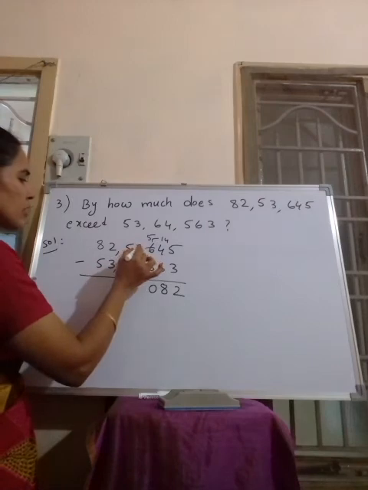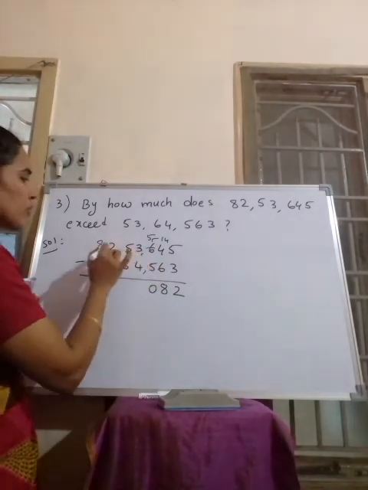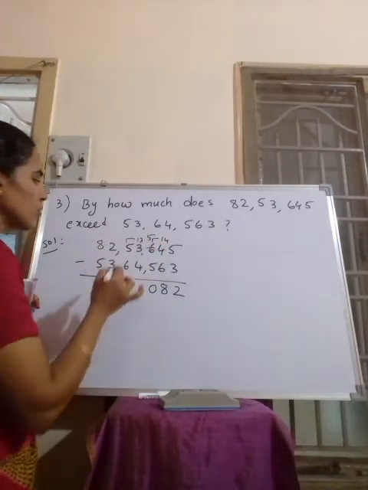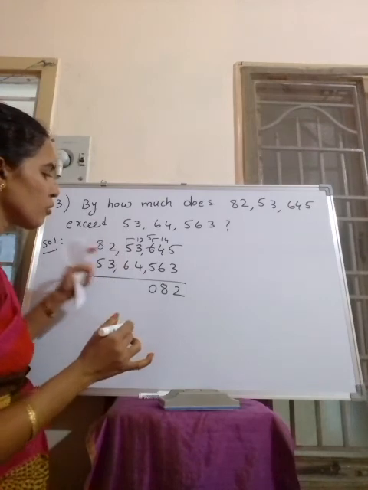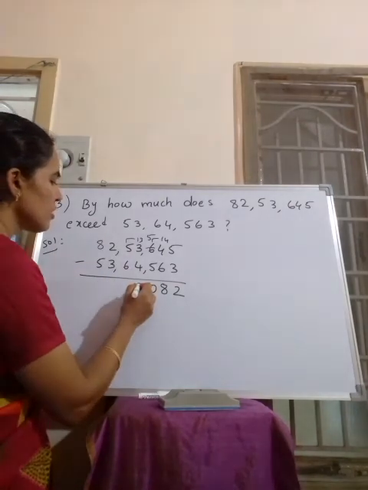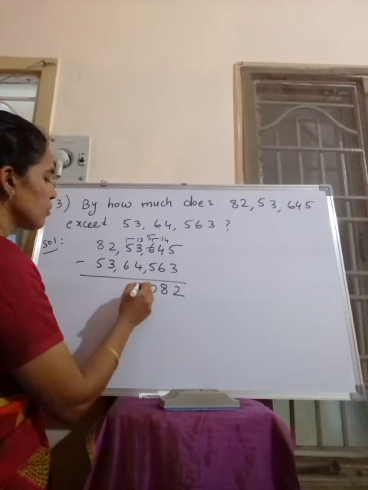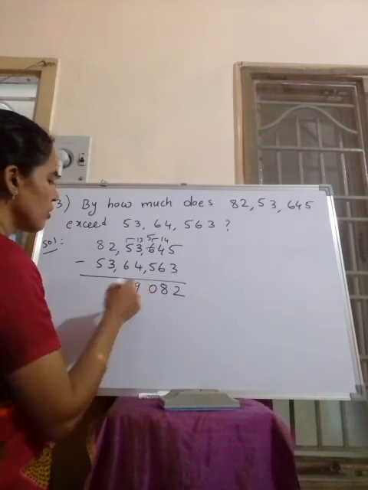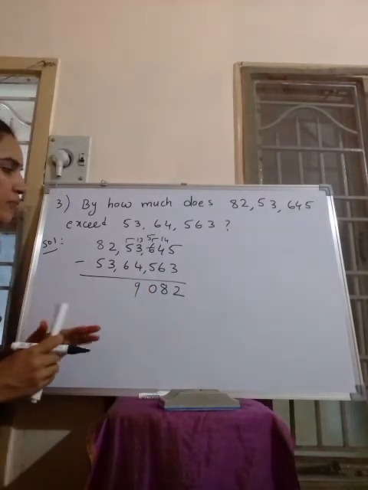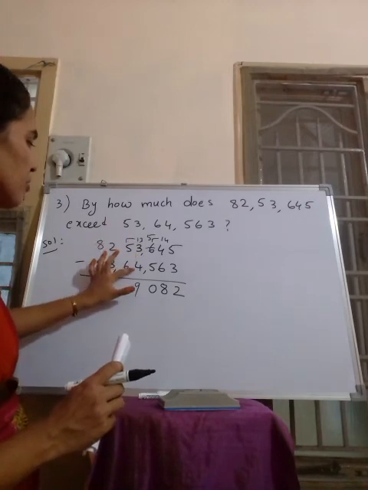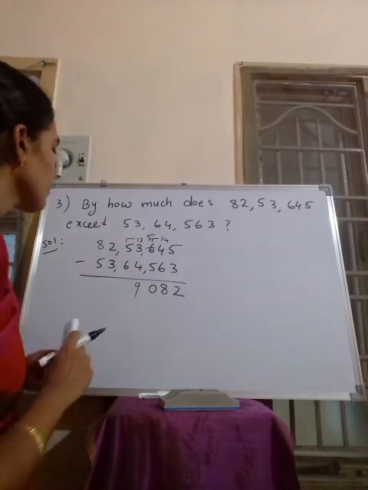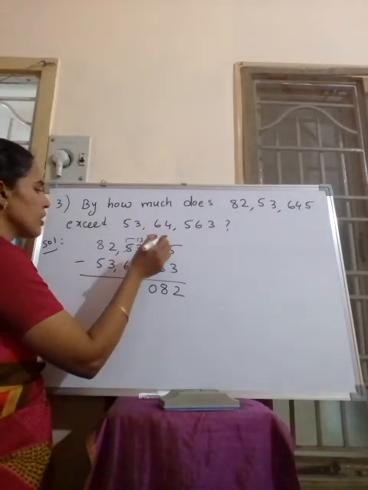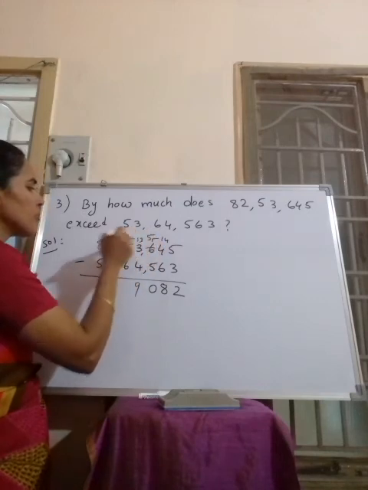Now thousands, again 4000 we cannot subtract from 3000, borrowing. Now 13 minus 4 is 9. Now already from 5, 1 borrowed, left with 4.